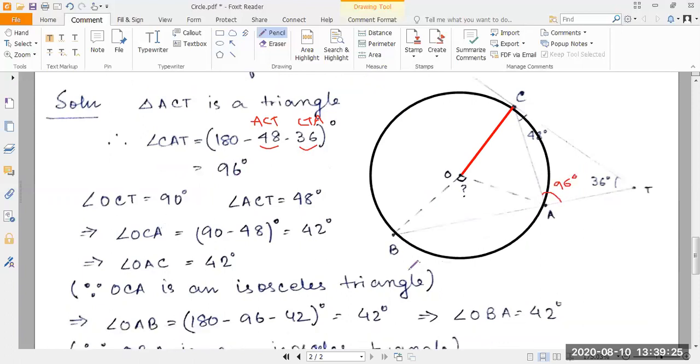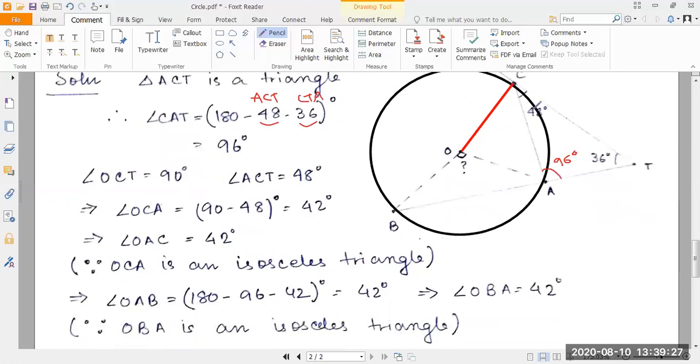Next, I know OCT is 90 degrees because by definition, CT is the tangent to the circle which has its center. I have named the center of the circle as O. This is my naming, which has not been given in the sum, so let me just mark it separately. Going by the definition of a tangent, OC being a radius of the circle and CT being its tangent, OC is perpendicular to CT.